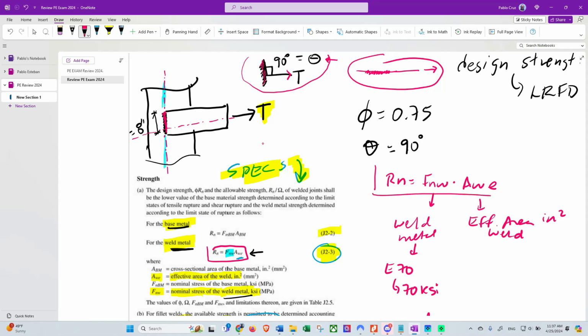This formula says the design strength is equal to the FNW, which is referring here to the weld metal, the metal we are going to weld with. In this case, this is something that we have been given. In real life, you need to choose this type of electrode, this kind of material, depending on the kind of material that the connected elements are.